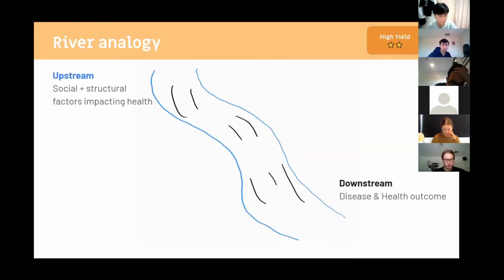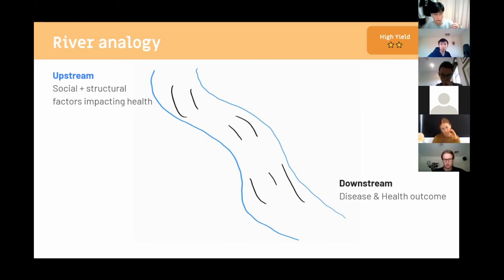Next slide, please. All right, so this is a really good analogy that you will be taught. It's called the river analogy. You have an upstream and a downstream in the river, and that's the same in medicine as well. In upstream, you have different social and structural factors impacting someone's health, maybe even without this person ever going to the hospital.